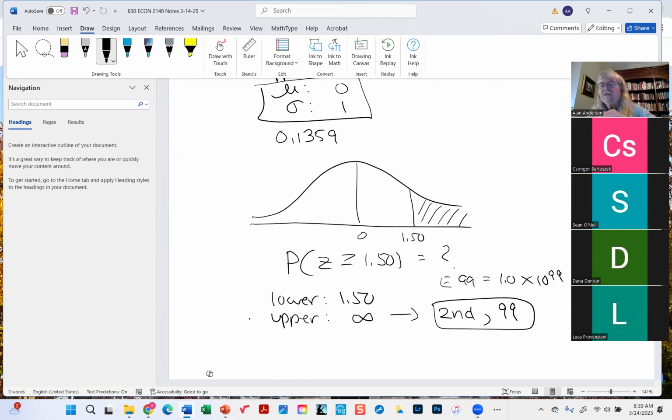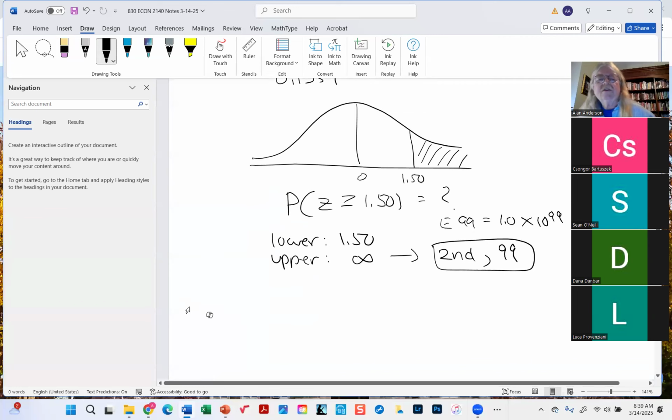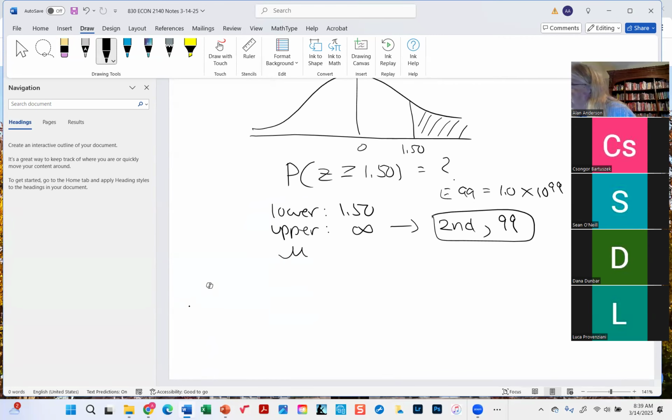So you put that in there, and if it's negative infinity, you just do the same thing with a negative sign in front of it. And then, of course, these last two parts don't change. So if you do that, let's see what we get. Okay, lower at 1.5, upper is infinity as designated second comma 99.